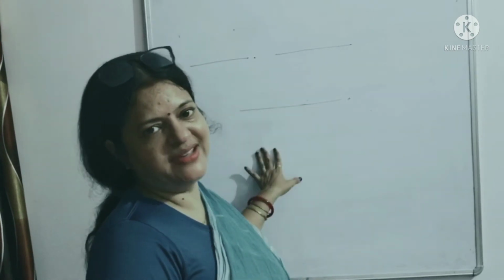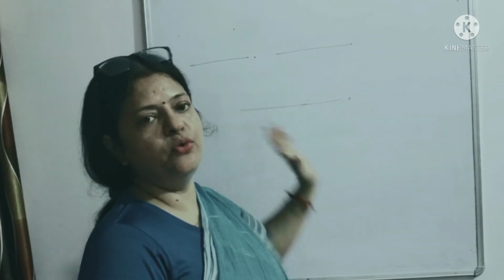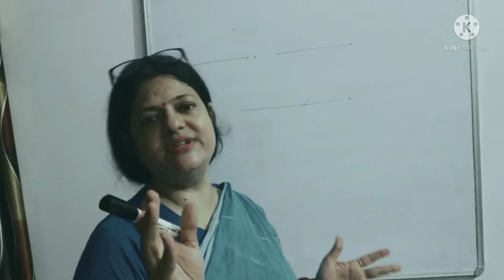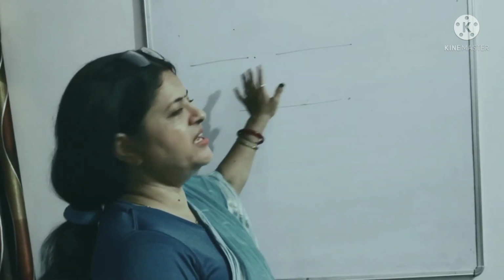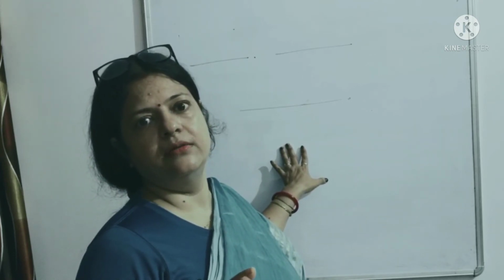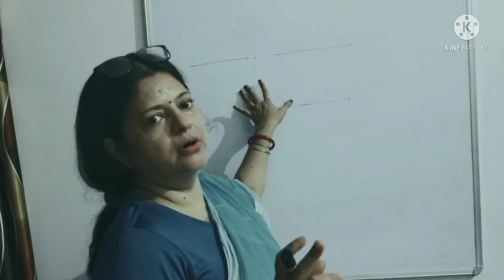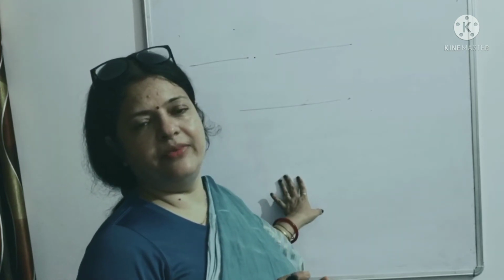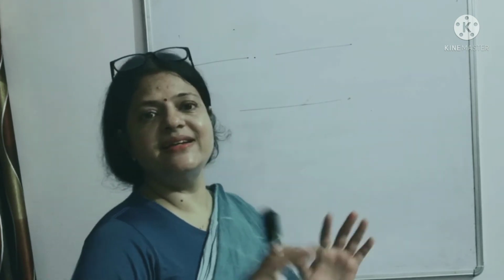If you have three sentences or two sentences, in each sentence we'll find that one finite verb is there. Understand? So three finite verbs will be there. If three sentences are there, there will be three finite verbs.